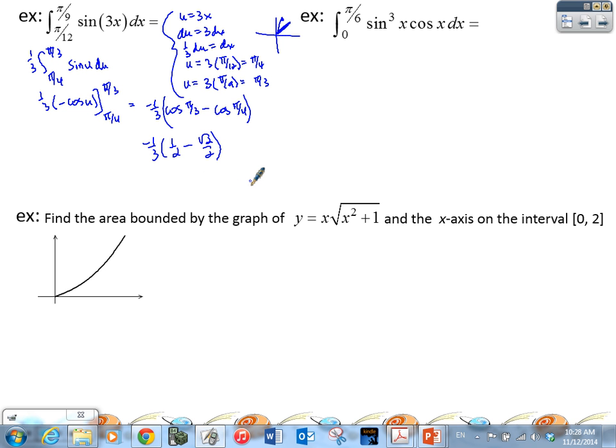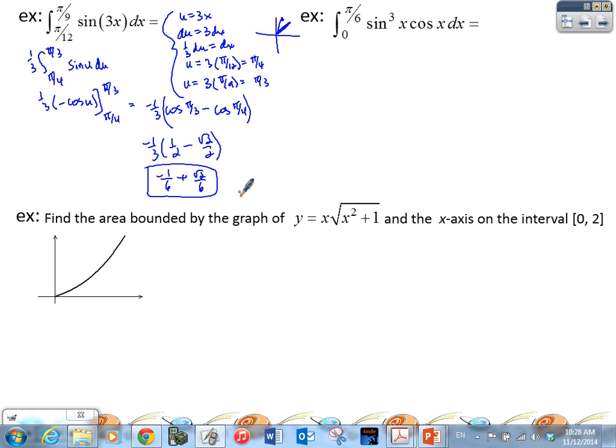I encourage you to just distribute the negative 1/3, and then you can stop. Or you can get it into one fraction, whichever. Where this is going to make a big difference is on multiple choice problems on the AP test. This is the correct answer, but they probably aren't going to write it that way. Perhaps they may even write it combined as one big thing, so negative 1 plus root 2 over 6.